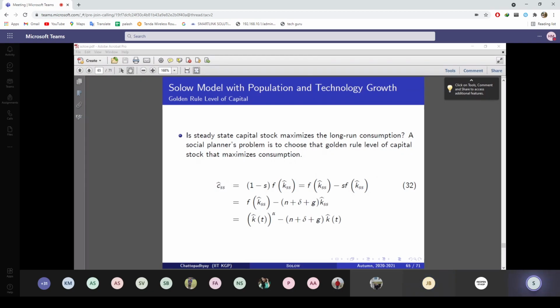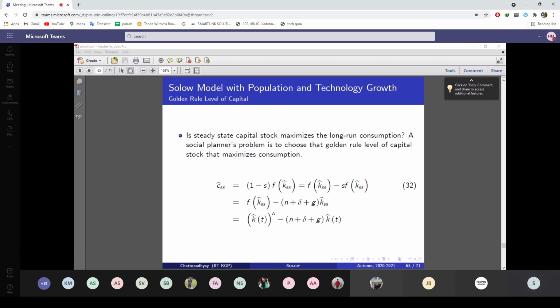You guys tell me one thing. In this Solow model, we have assumed that a particular fraction small s of total income Y is saved, and then we derive this fundamental equation.